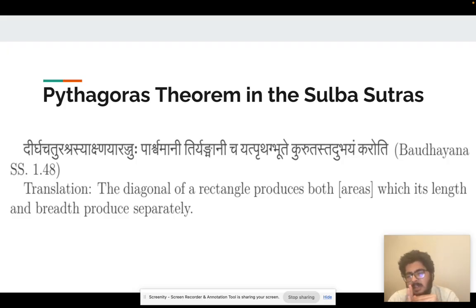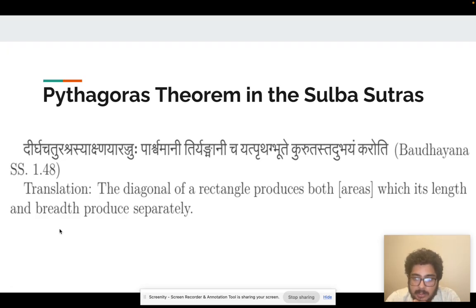We cannot exactly attribute it to Baudhayana, because there are two other Sulba Sutras which mention the same thing: Katyayana Sulba Sutra 2.11, and Apastamba Sulba Sutra 1.4. So there are three Sulba Sutras which mention the same statement, at least 400 years before Pythagoras was born.